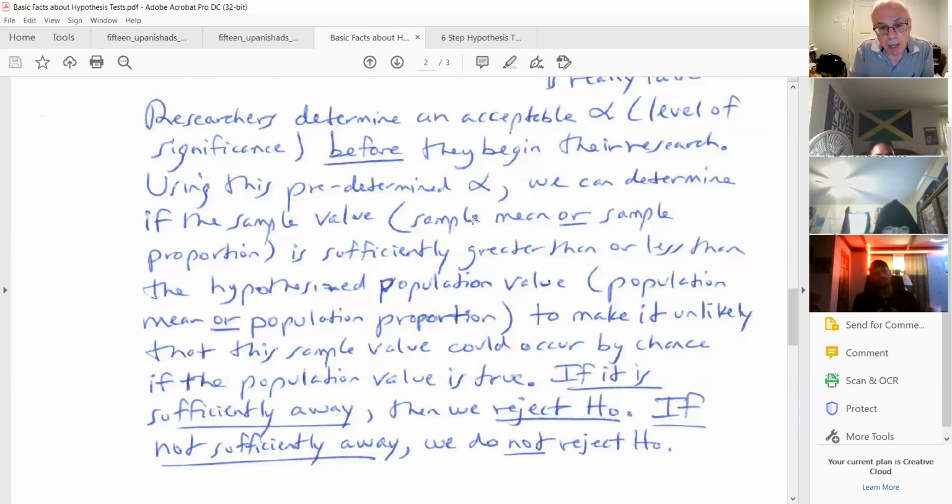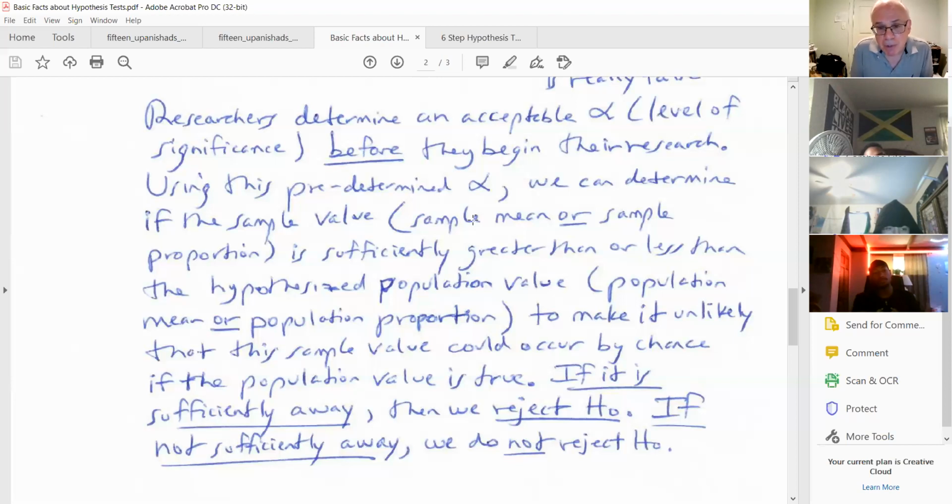Now, if it is sufficiently away, and again, the procedure will tell you if it is, we reject the null hypothesis. That's the point. In other words, if the procedure says there's a 0.1% chance that this sample mean occurred if the population mean is 100, if the sample mean is 80 when the population mean is 100, if there's a 0.1% chance that you would get a sample mean of 80 or less, then 0.1% is a really small chance of that happening.